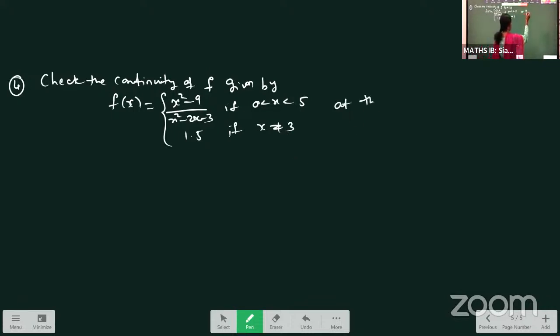So we have to check the continuity when x is equal to 3. Solution.